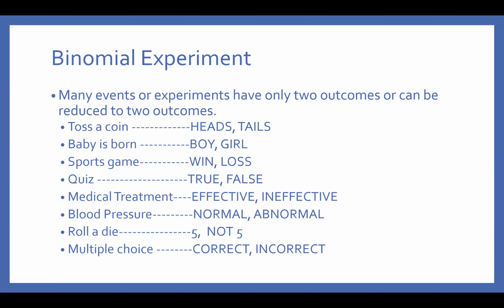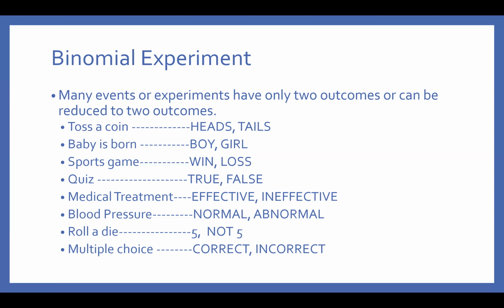Again, some examples. Toss a coin, heads or tails. A baby is born, biologically, boy or girl. Any kind of sports game, you have win, loss. You can have quiz questions, true, false. A medical treatment, effective, ineffective. Blood pressure, normal, abnormal. Rolling a die, we can force to have 2 outcomes because we can say, I want to get a 5, and then we lump everything else together as not being a 5.